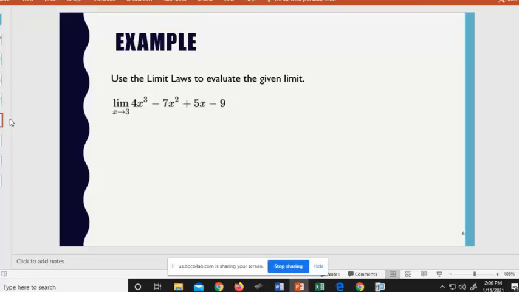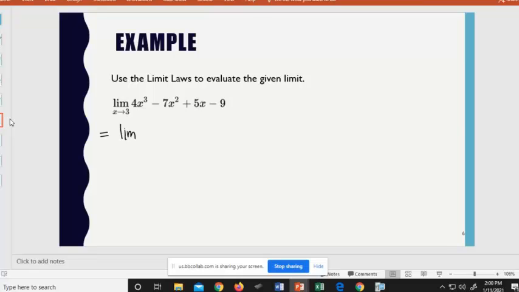To do that, we're first going to use the sum or difference laws, because we're going to break this up into the limits of multiple functions, not just one. So it'll look like this.